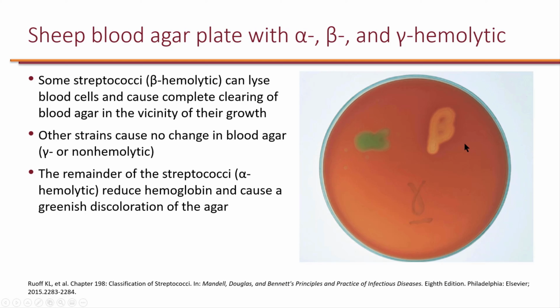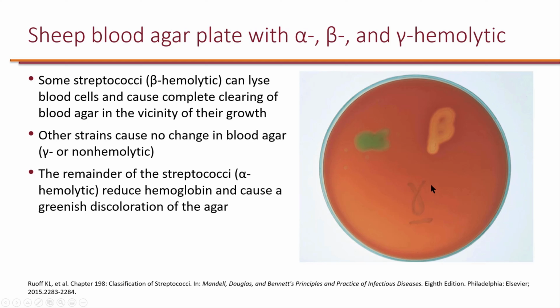So the beta hemolytic group, which you can see in this picture, essentially lyse blood cells, so they will break it down and basically clear the blood, and that's called beta hemolytic strep. And the alpha essentially reduce hemoglobin, and they cause this greenish color.